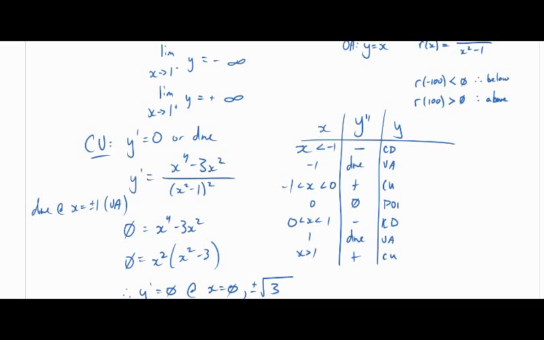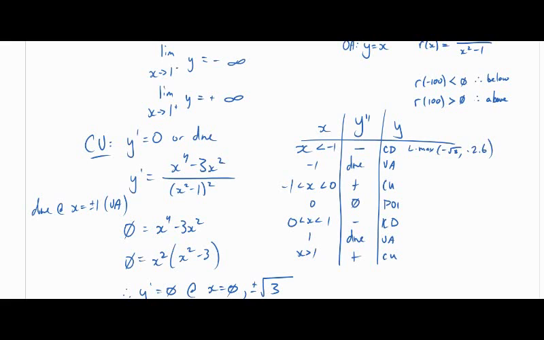So I have a critical value at negative square root of 3. That's in this top interval. It's concave down. That looks like this. So I have a local max at negative root 3, and it works out to negative 2.6.